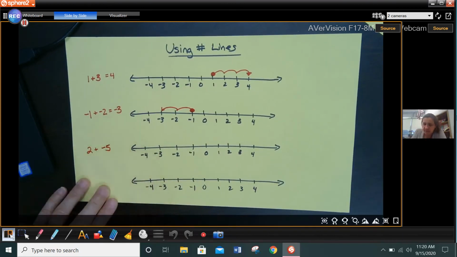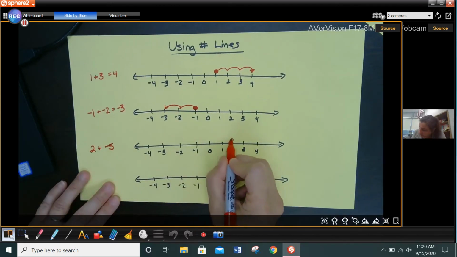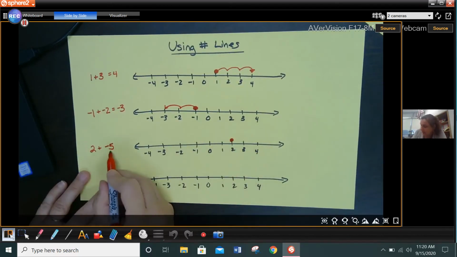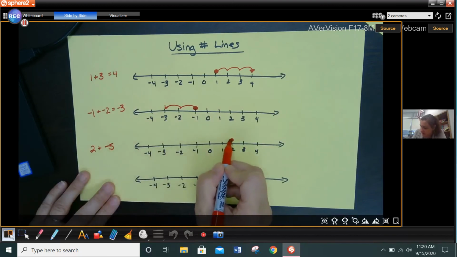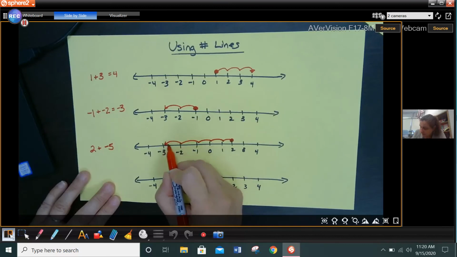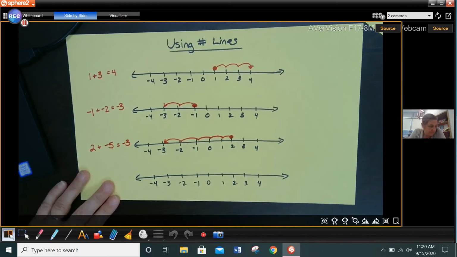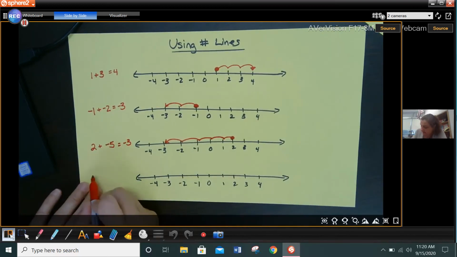The trick comes when you start adding different signed numbers. So I'm going to start at 2, and I'm going to add 5 negatives. That means I go left 5, 1, 2, 3, 4, 5, and I end up at -3. And let's say I start at -4 and I add 2.